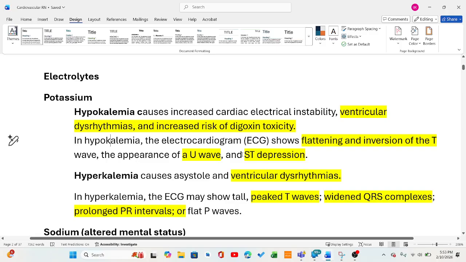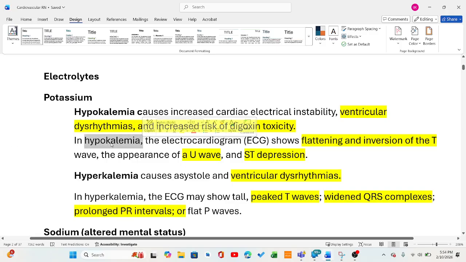You'll also see ST depression and flattening of the T wave. But mostly when the person's potassium level goes down, you'll be expecting the U wave. So anytime you have a U wave, with ST low, everything that is low here on the EKG is a sign that the person is hypokalemic.